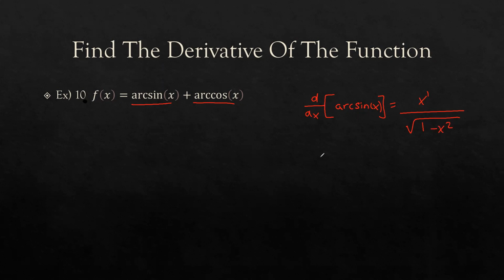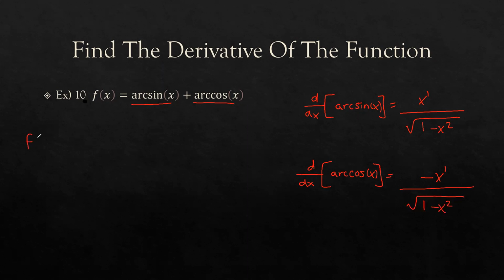And then the derivative of arc cosine is negative x prime over square root of 1 minus x squared.